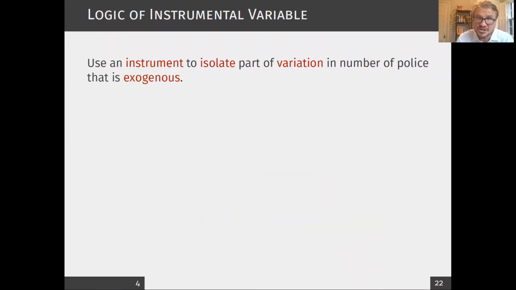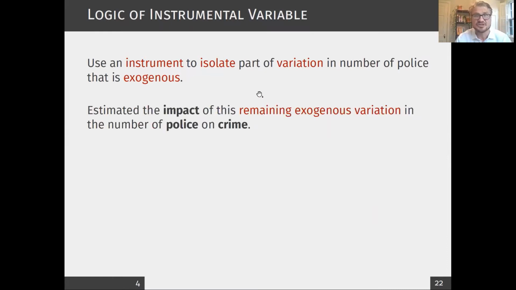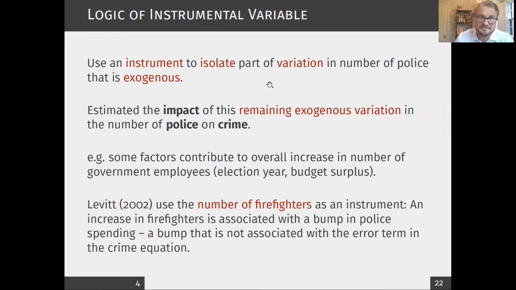Right, and so the logic of the instrumental variables is to try and isolate the variation in the endogenous variable, here the number of police, that is actually exogenous. Then we take this remaining exogenous variation in the number of police and estimate the impact of that on crime.